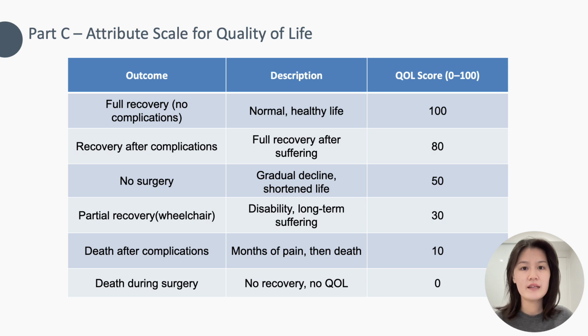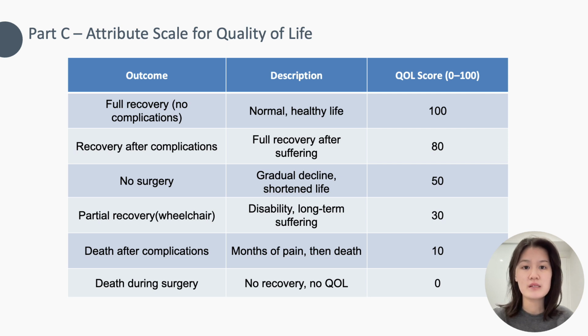To evaluate these outcomes more clearly, we assign a score to each one. This scale includes all possible outcomes of the decision, whether to have surgery or not. I assign each outcome a score between 0 and 100, based on the expected impact on the patient's quality of life.